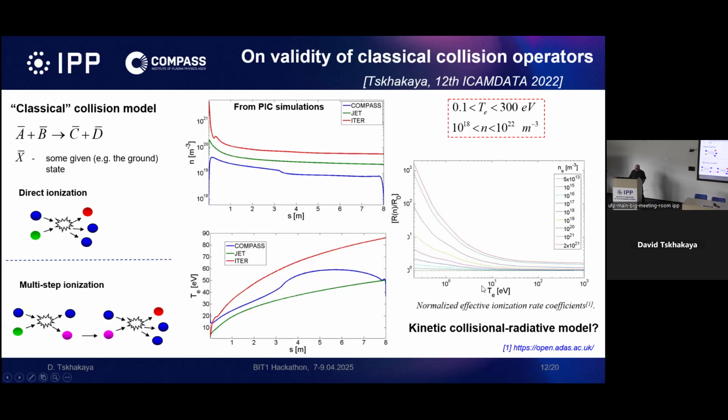For low densities, there is no difference. But whenever you increase the densities, let's say 2 times 10 to 21, which we have for ETA, the difference for low temperatures, and we are in this range for ETA, means that you are increasing your ionization rate by more than 1 order of magnitude. So it means you have to take this into account.